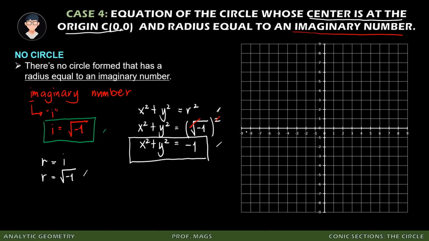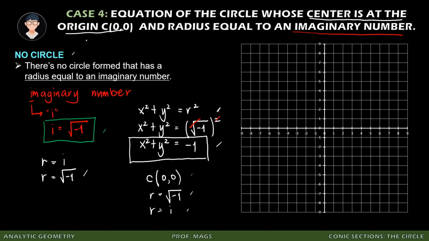So, this is our standard equation. Pag yung ating case ay meron tayong center at the origin and radius equal to an imaginary number. Yung center natin is at the origin and yung radius natin that is equal to the square root of -1 or r is equal to i. So, paano natin i-graph yan?